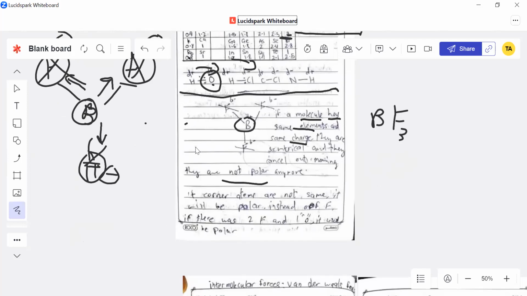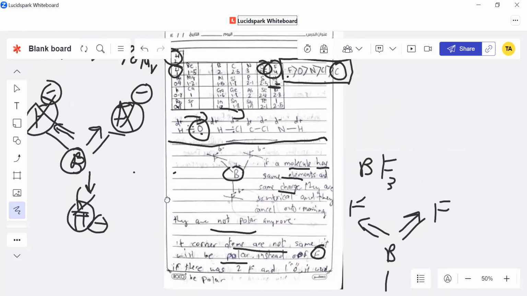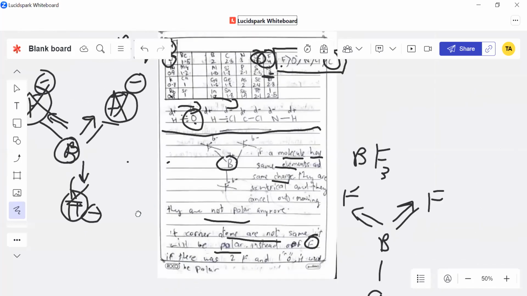If the corner atoms, or the outer atoms, meaning fluorine in this case, are not the same, then it becomes polar. Instead of three fluorines, if I had two fluorines and one oxygen, fluorine will take the electrons, and oxygen, in the case of boron, right?